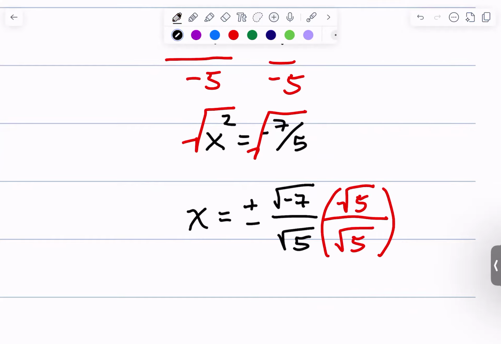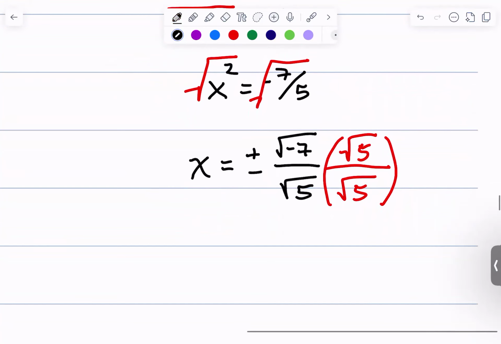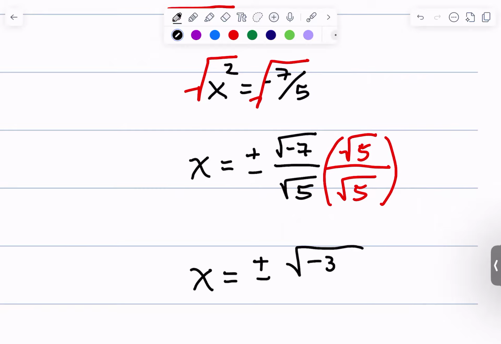When I do that, when I multiply by square root of 5 on both the numerator and denominator, therefore x is going to equal plus or minus square root of negative 7 times 5, which is negative 35, over square root of 5 times square root of 5.